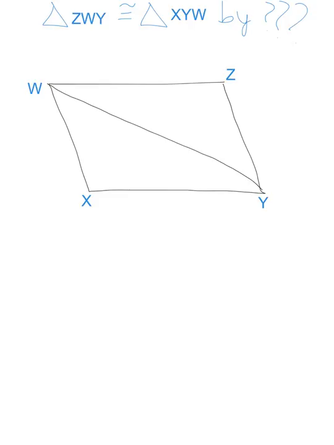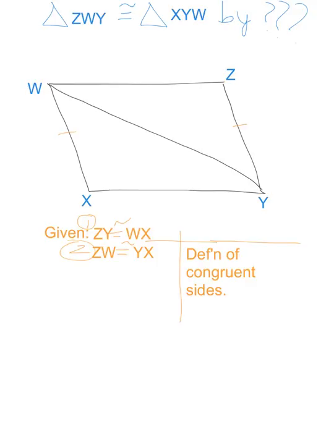The only thing we are given is ZY is congruent to side WX. Now ZW is congruent to side YX due to the definition of congruent sides are congruent.